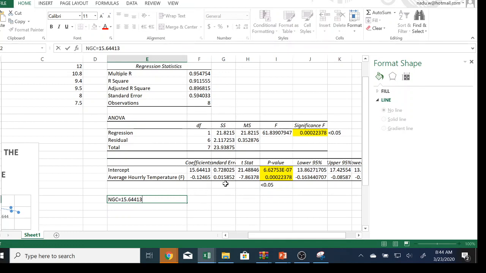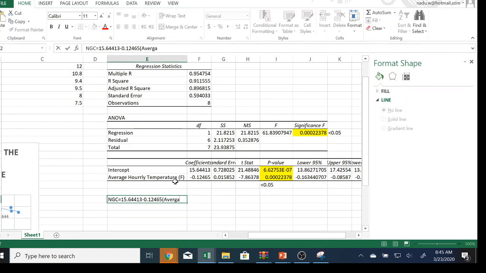Then we need the slope. Here we have the slope, but since it is a negative value, we will put it as minus 0.12465. And what is our x variable, or the independent variable?